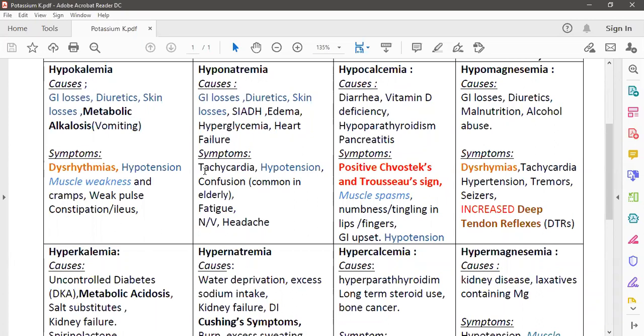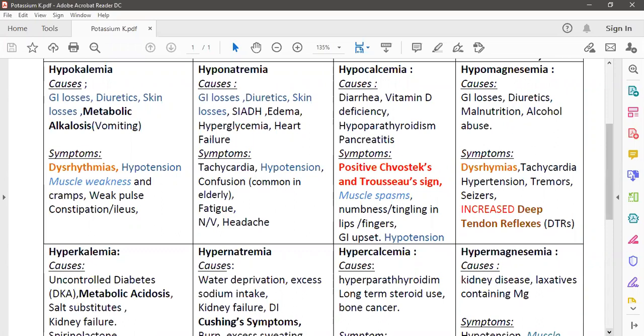And confusion, lethargy, anxiety, all are central nervous system problems. Confusion is most common in elderly patients. What about the GI problems? The patient develops abdominal cramping, anorexia, nausea and vomiting, right? And headache, fatigue are common symptoms.